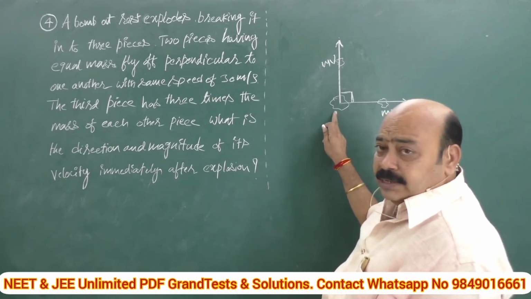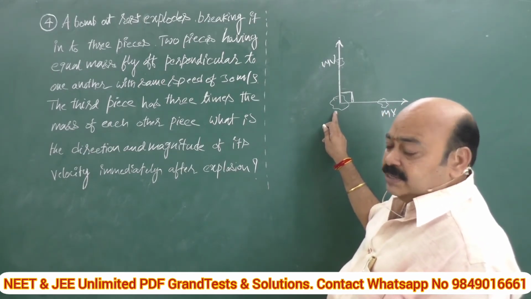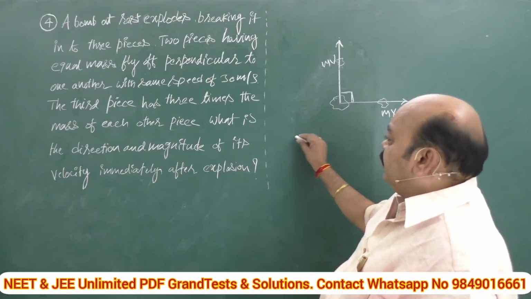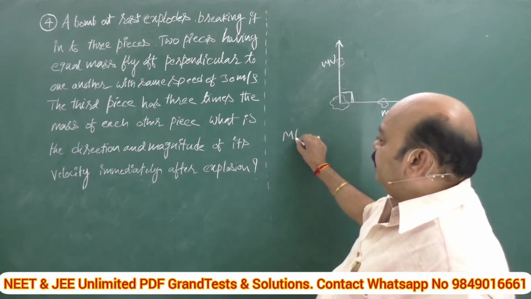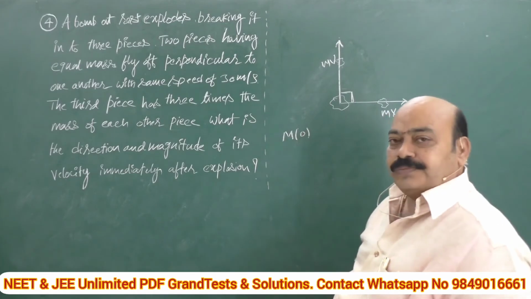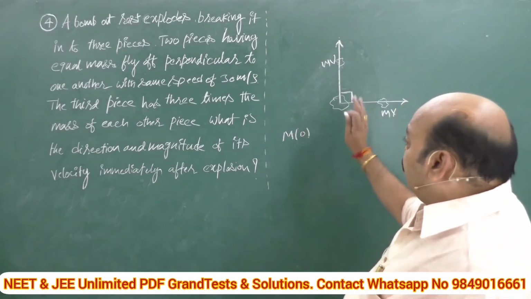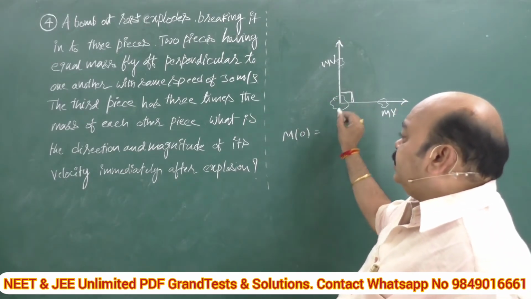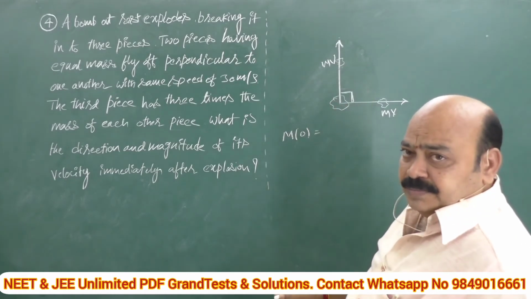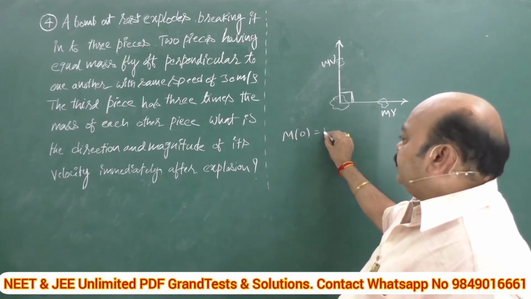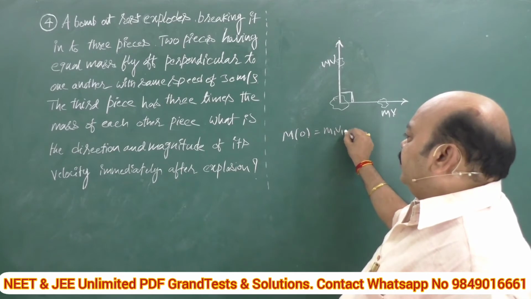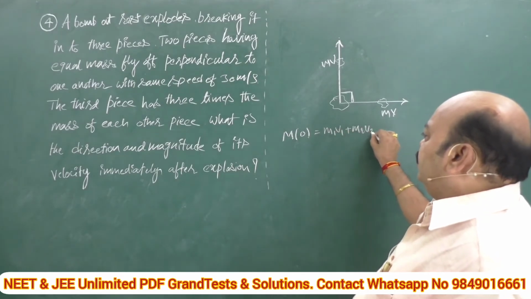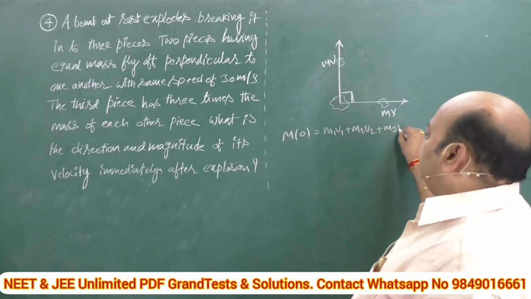Before impact it is at rest. That's why the total momentum of the total mass, capital M, is 0. What is the total momentum after impact? It is divided into 3 pieces. Let us suppose m1 v1 plus m2 v2 plus m3 v3. This must be the same.